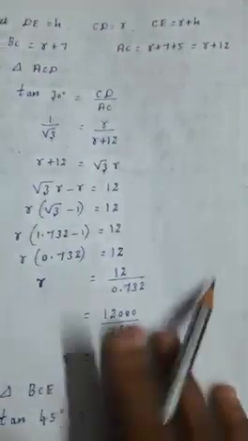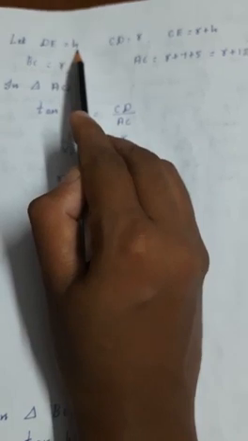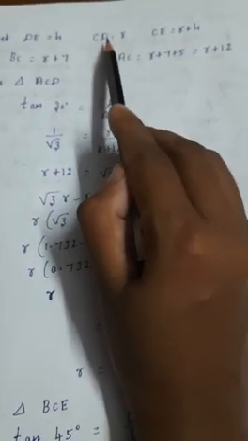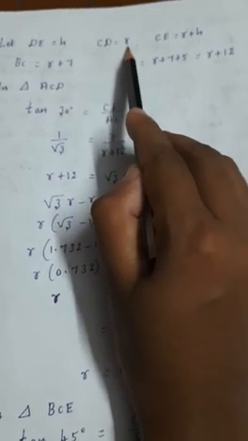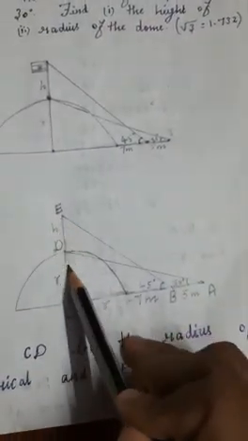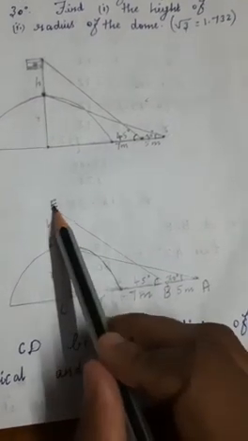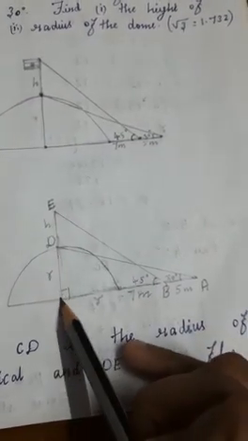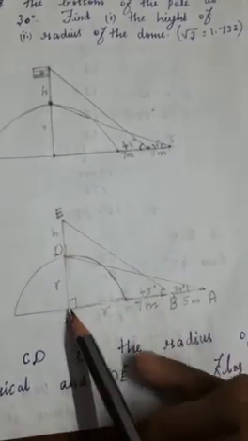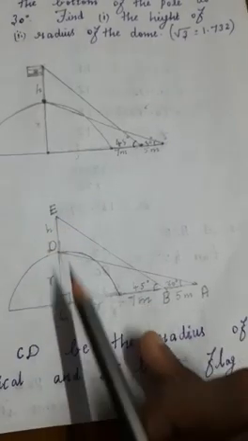Next, DE is equal to height. So DE means flagpole, that height they have given as height meters, so that is height. CD means radius, the radius of the hemisphere, so R meters they have given. CD is equal to R. Now see here, CE means this full length, from the top of the flagpole to the bottom of the hemisphere.